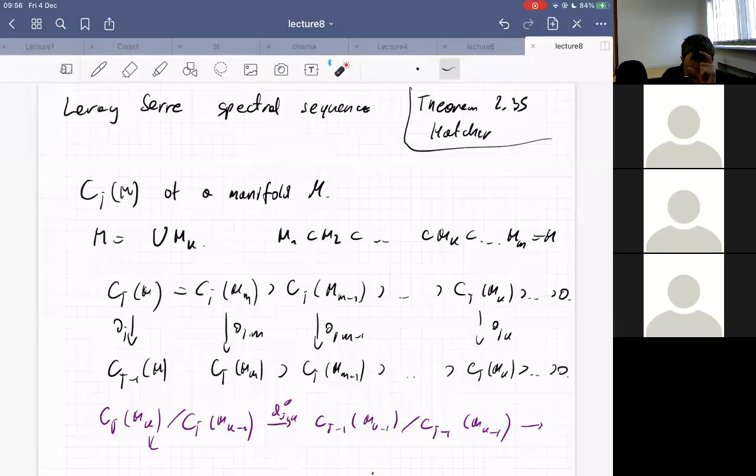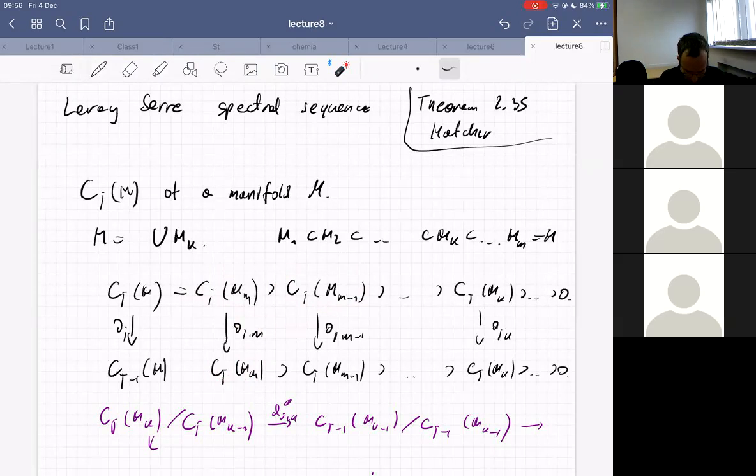Which way did it go? If I have an element in here that goes to 0 in here, then I can find an element that it, forgot it. Sorry, I want to wave hands.